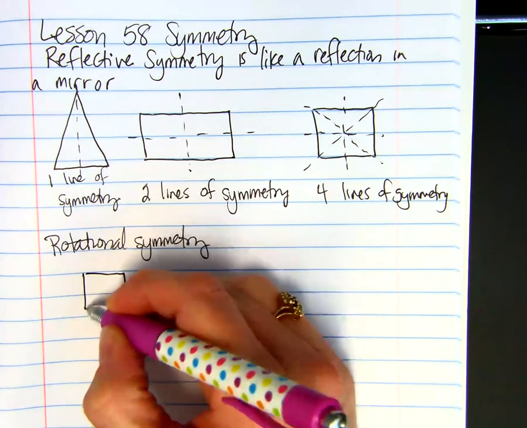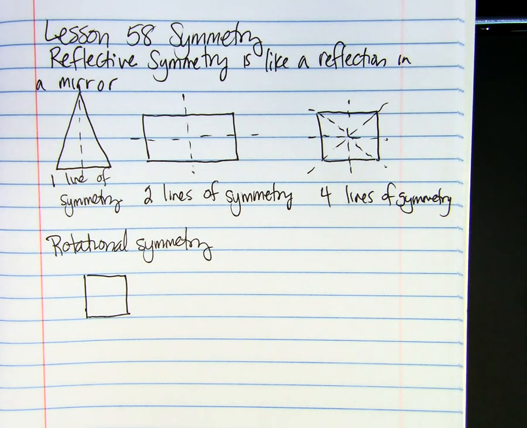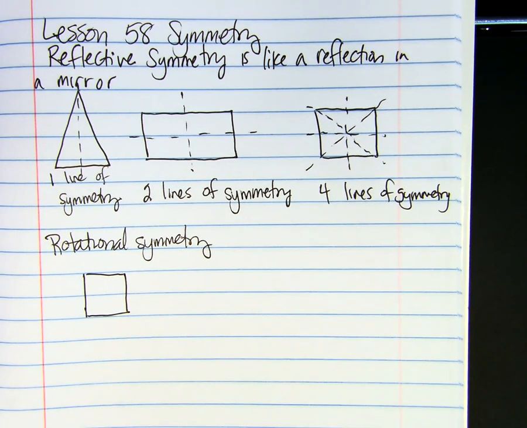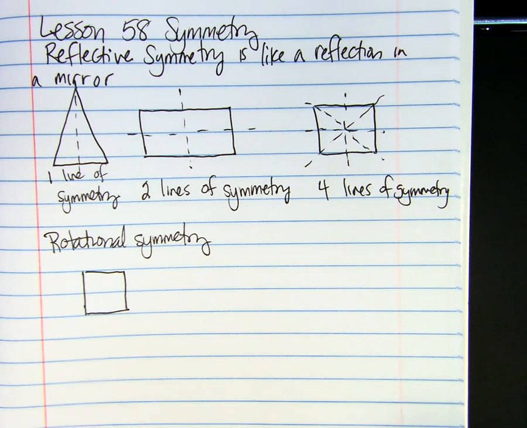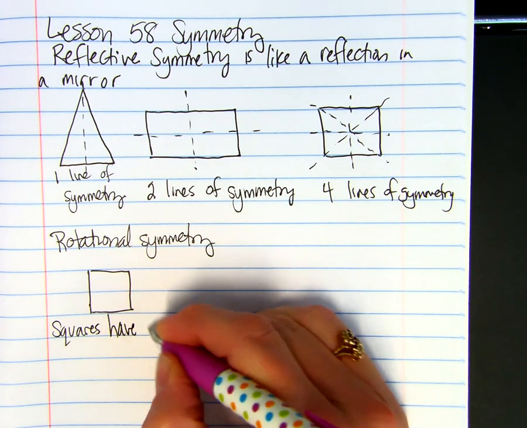If you think about a square, squares have rotational symmetry at 90 degrees, 180 degrees, 270 degrees, and 360 degrees.